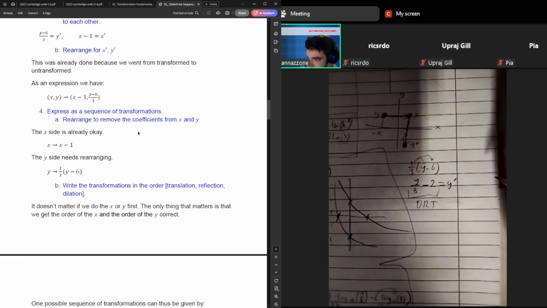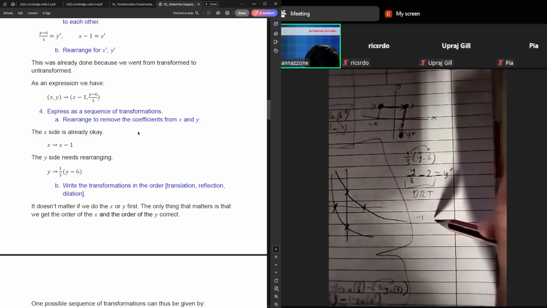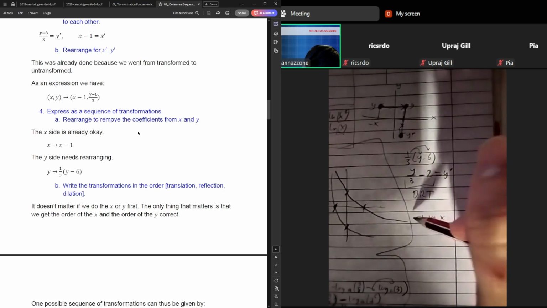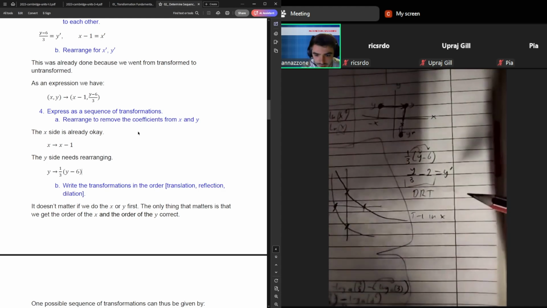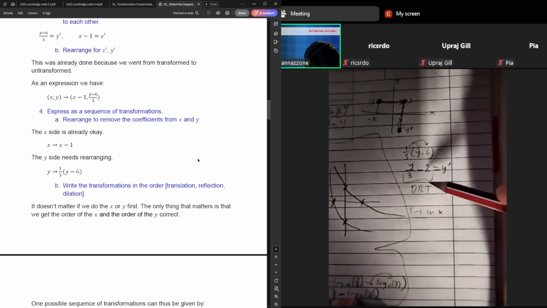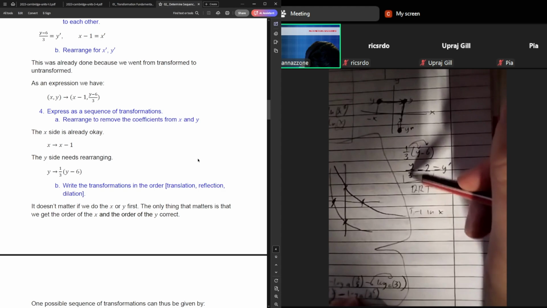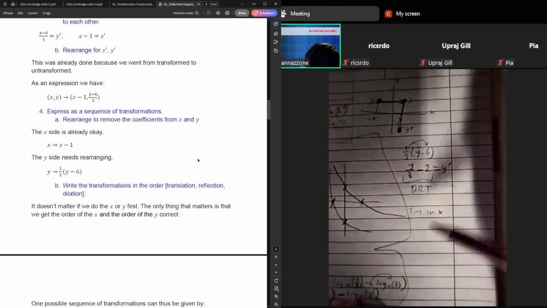So under those circumstances, X is still super easy. There was nothing there. Dilation, reflection, translation of -1. So you could say -1 in X, translate. I'm just doing shorthand. You would want to use the more formal wording. And then looking at the Y stuff, you've got D. So you've got this dilation of a third.